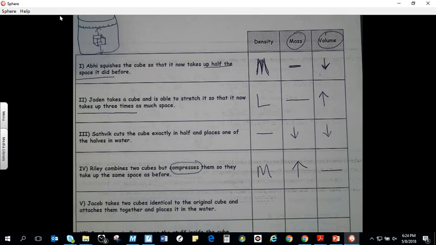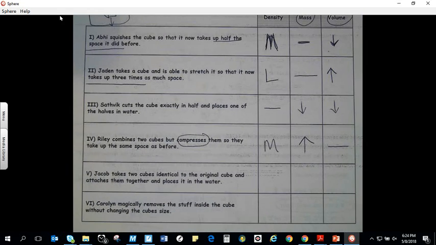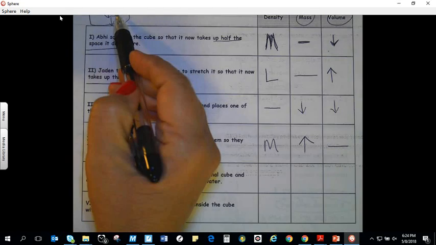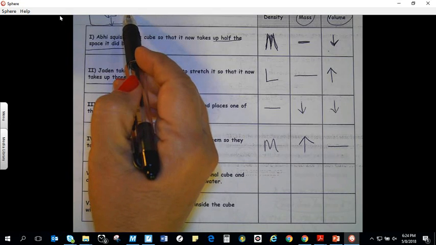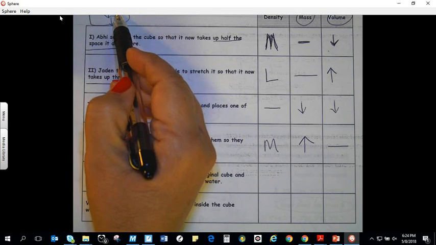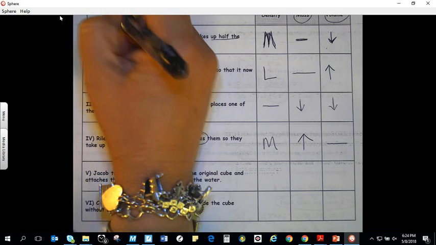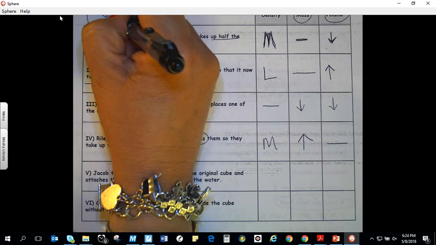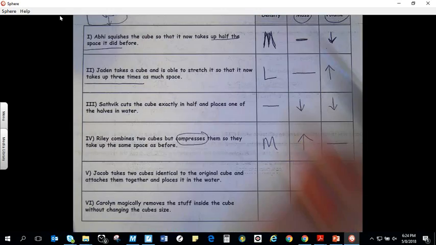Okay. Jacob takes 2 cubes identical to the original cube, attaches them together, and places them in the water. So he's now got 2 cubes, and he just added another cube to it.